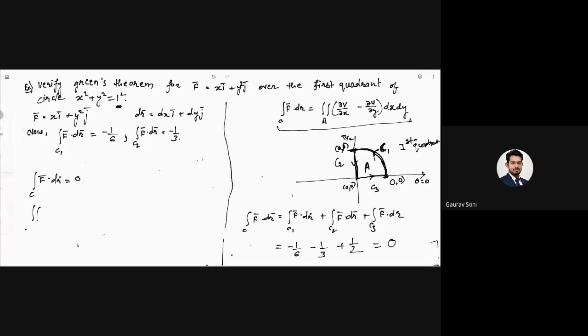The double integral over the area is the double integral of partial derivative of v with respect to x minus partial derivative of u with respect to y, dx dy.